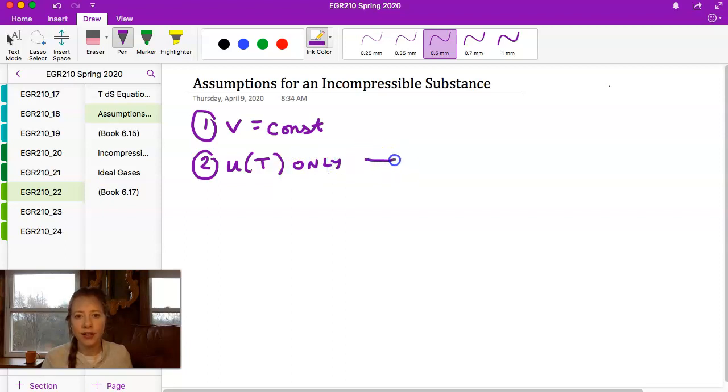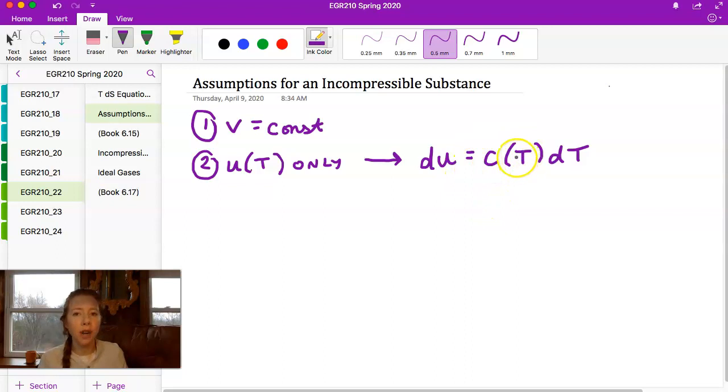So this tells us that du is equal to C, which is a function of temperature, dT. So remember, C is the specific heat capacity of the substance.